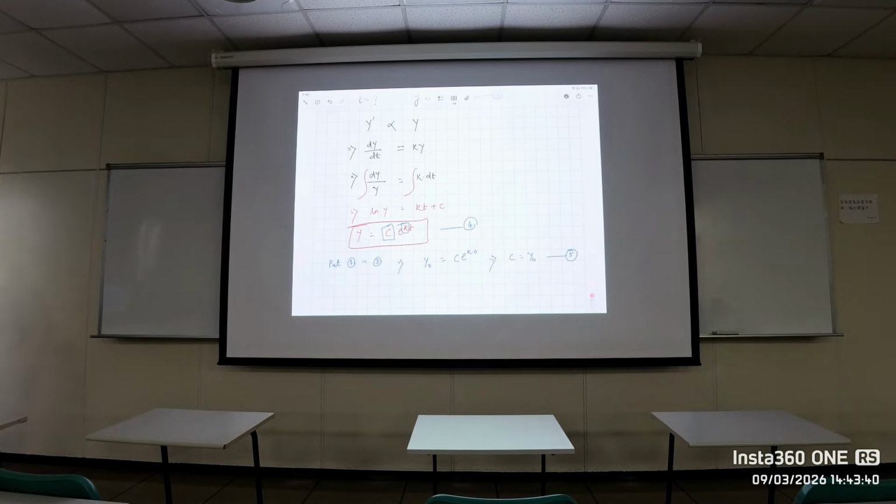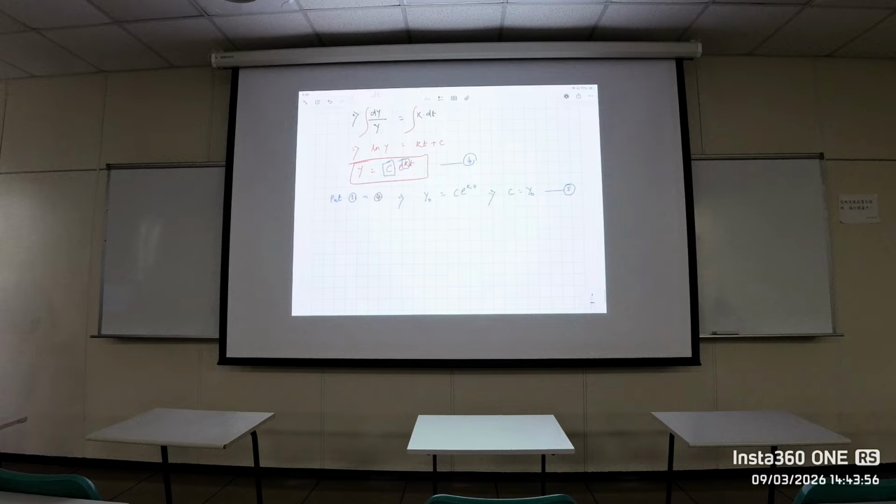I can write it. Then put 2 and 5 in 4. Then it is y0 by 2 is equal to y0 into e to the power k10.